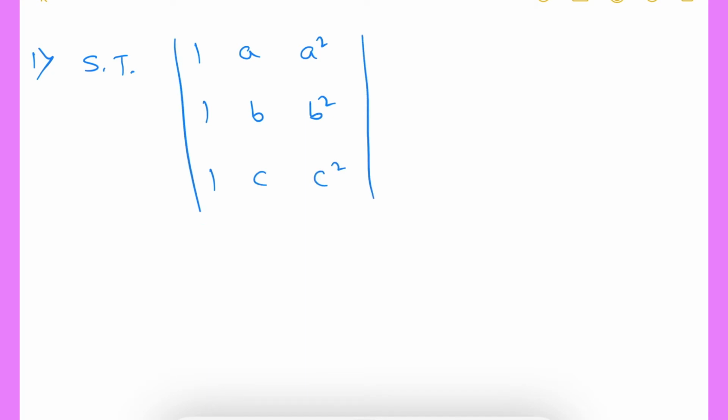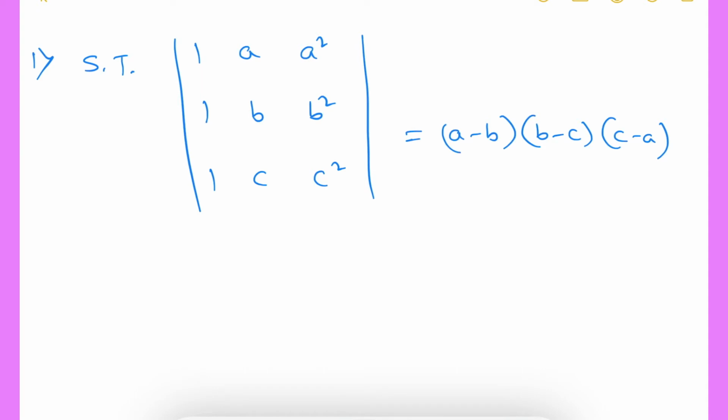Show that the matrix with rows 1, A, A square; 1, B, B square; 1, C, C square, that is equals to A minus B into B minus C into C minus A. Okay, now for finding this answer, we will be having two methods. I will explain both the methods. Which one you feel easy, go with that method.